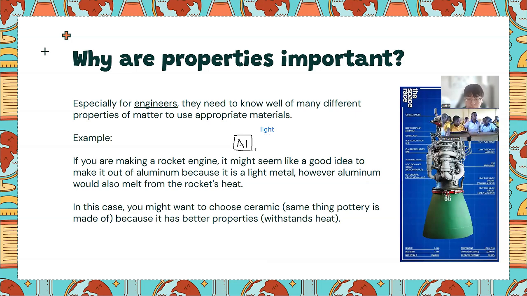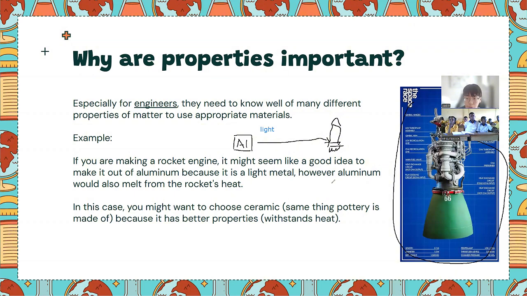So it seems like it would be a good material for the rocket engine, because what does a rocket need to do? It needs to fly to space, right? This is the rocket, and this is the rocket engine. So people might say that we might add aluminum to make the rocket engine, maybe this whole part on the right.